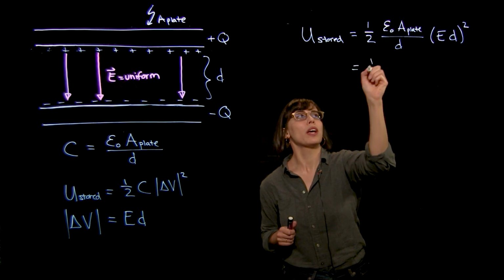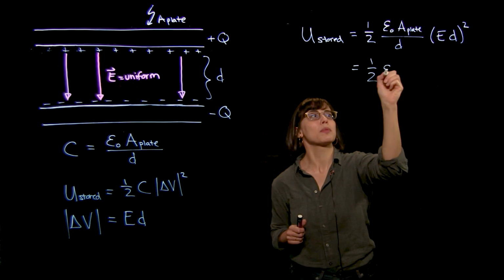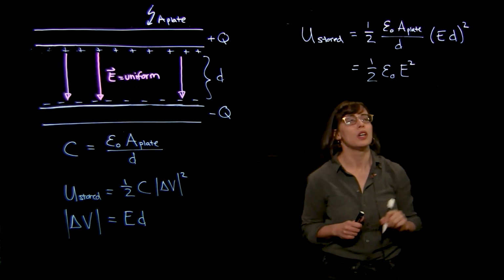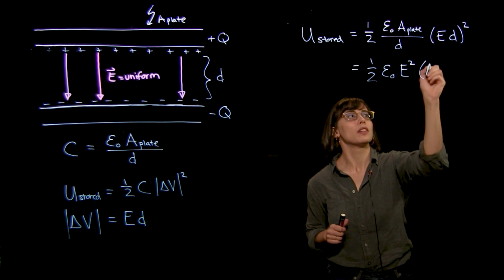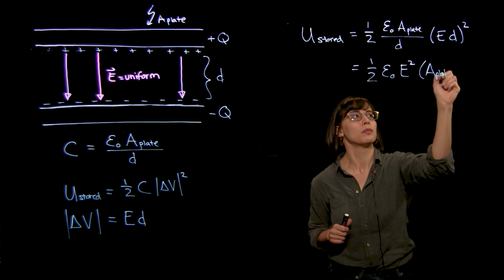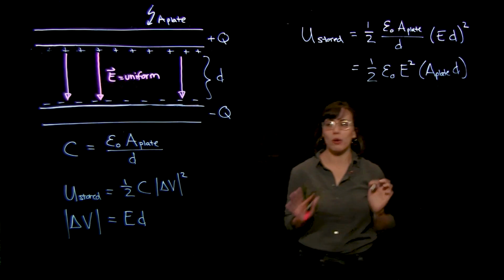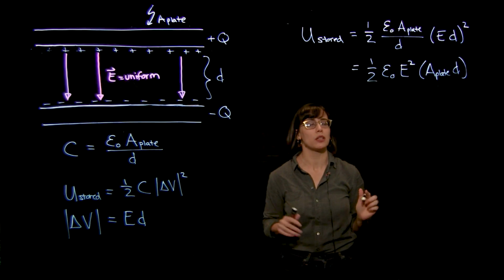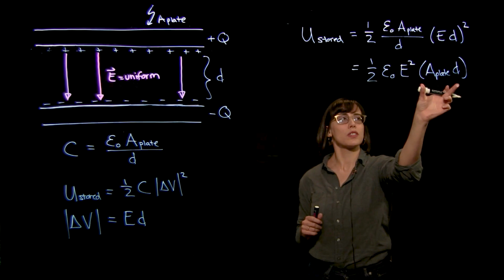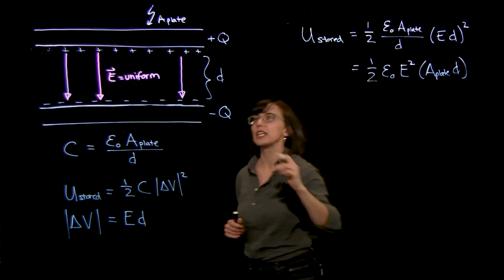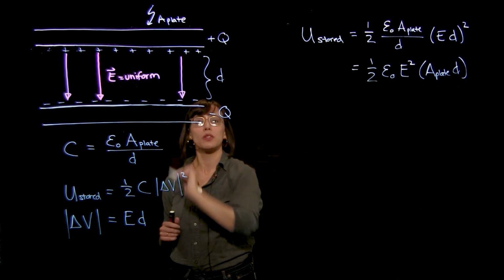So let me pull out a 1/2. I'll pull out the epsilon 0, and I'll pull out the E squared. And you see then what I get left with is just the area of the plate times the distance between the two plates. So now I can stop and think, what is this telling me? Well, this area of the plate times the distance between the two plates is really the volume between these two plates.